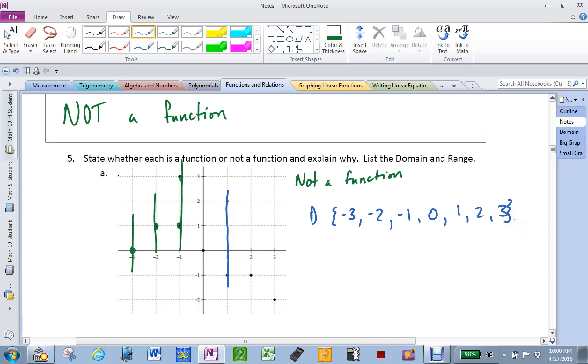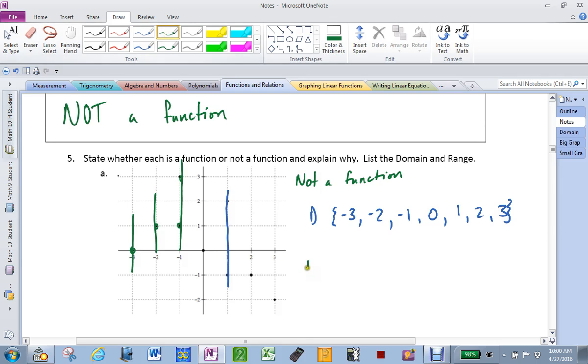Now, here's a mistake a lot of kids make. Are these ordered pairs? No, they are not. They are just x values. What did I write first? The smallest x value.